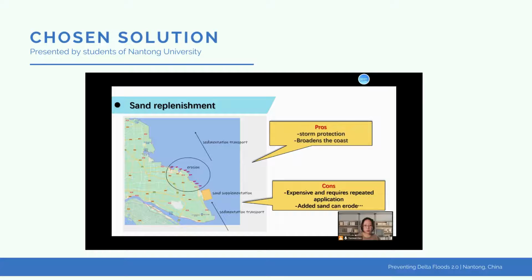This picture shows the sediment transport direction in Nantong, which is transported to the area where the site may be eroded. Therefore, we can believe that there is a dynamic balance between the loss and the replenishment of the site. But there are also some disadvantages, such as the erosion of the site artificially added by us, or the destruction of groundwater circulation.